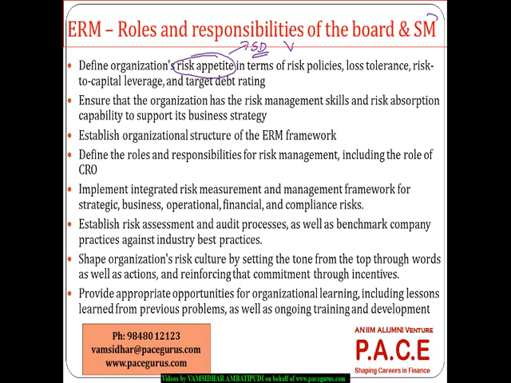There are more sophisticated measures like value at risk, risk adjusted return on capital, a lot of tools. So based on various tools or parameters, set out the risk appetite of the organization. Come out with risk policies, loss tolerance level, target debt rating. Even that could be a simple way to come out with your risk appetite.